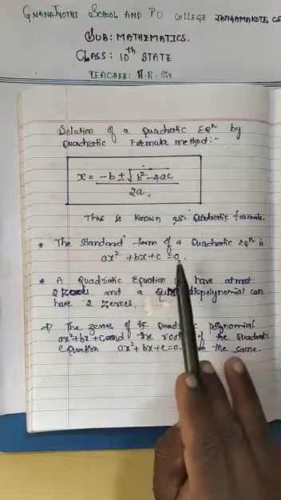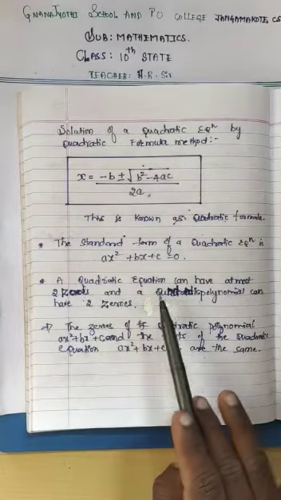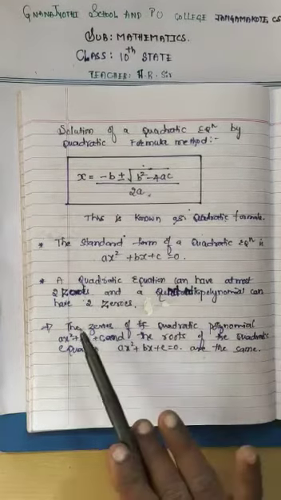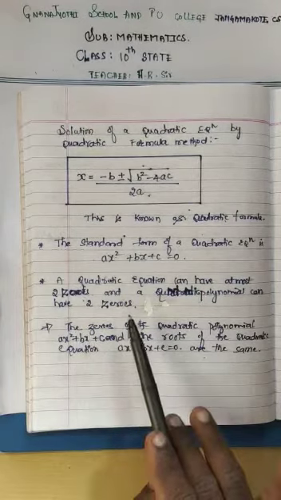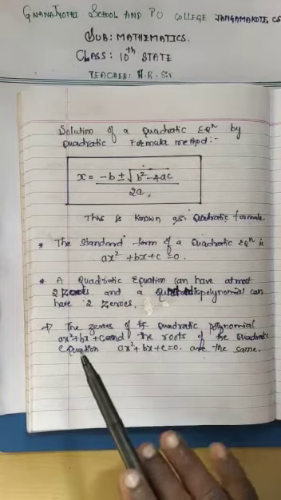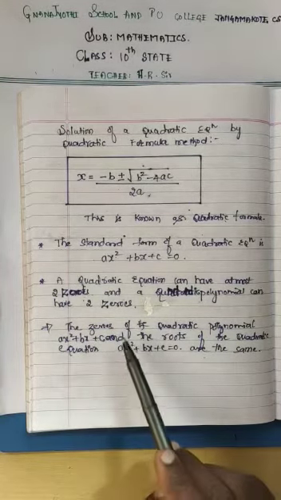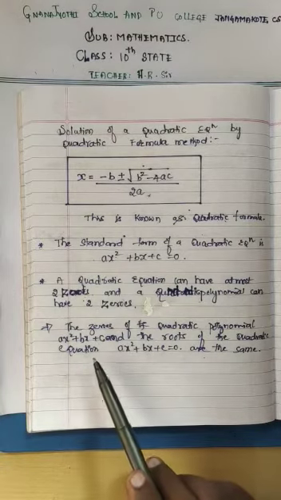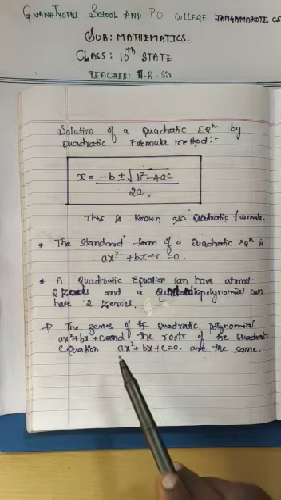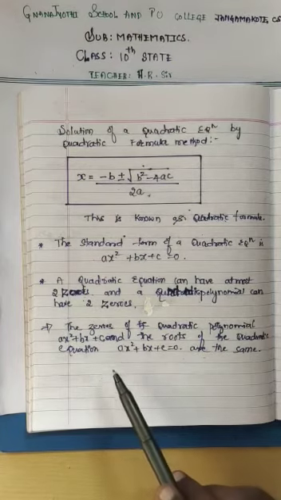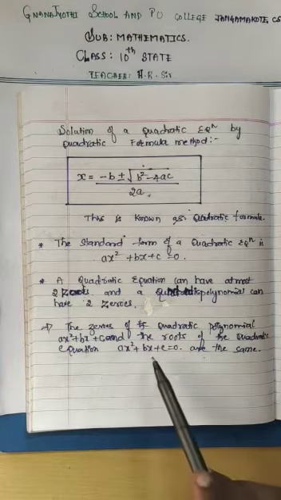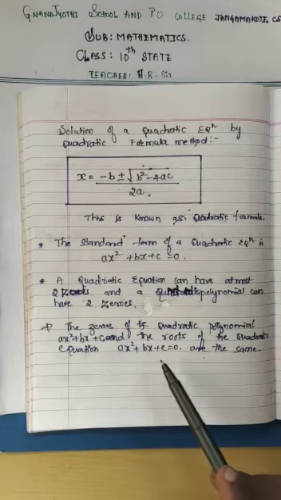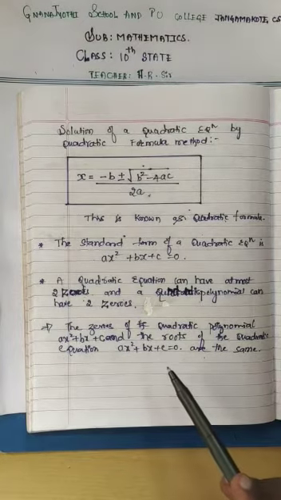A quadratic equation can have at most two roots, and a quadratic polynomial can have at most two zeros. Is it clear to all? The zeros of the quadratic polynomial ax² + bx + c and the roots of the quadratic equation ax² + bx + c = 0 are the same.